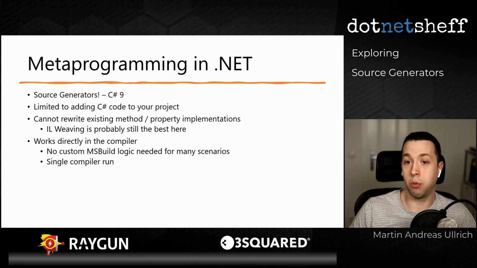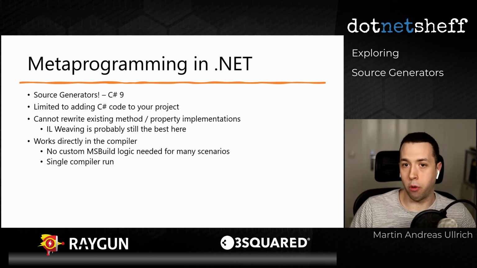The problem was it would always run the compiler 2 times. It would load Roslyn, analyze the source code, run my generator, output the source code, and then feed that to the real compiler of .NET. So that was memory intensive and compute intensive and really slow. Now it just works directly in the compiler.